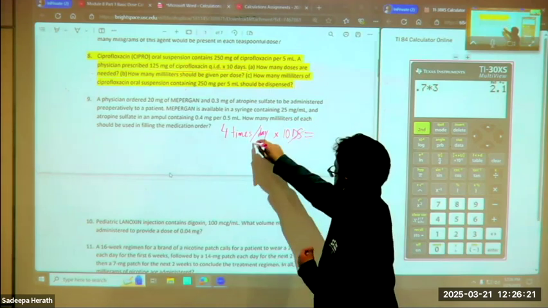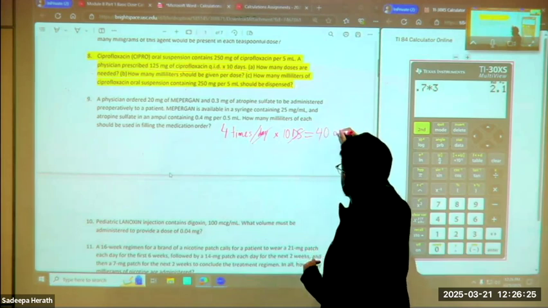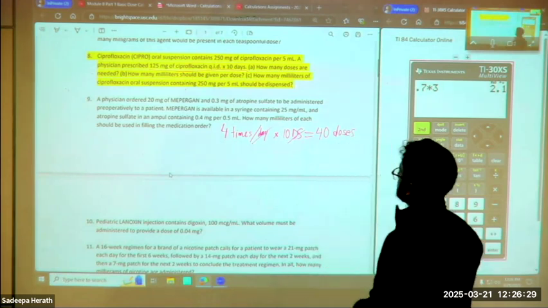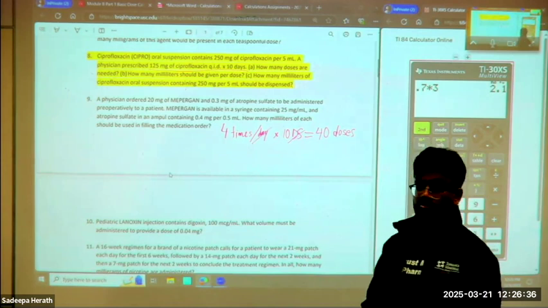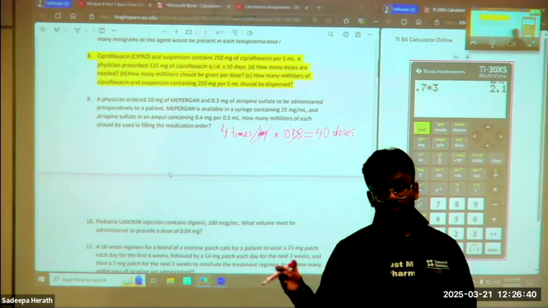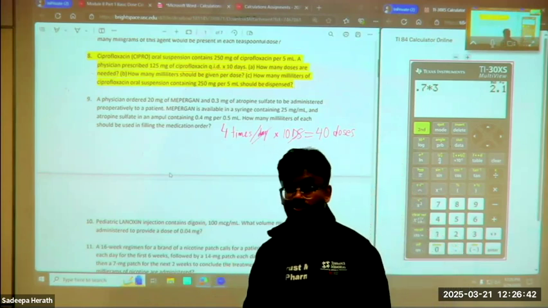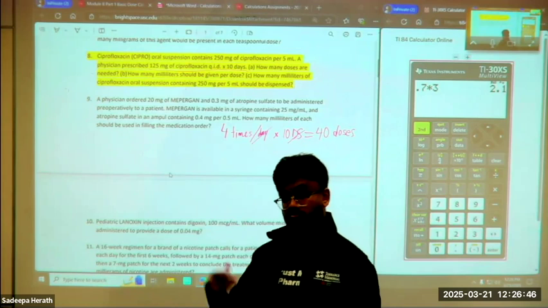So days cancel out. 4 times 10 is 40. 40 doses total. That's our answer for A. Dosage would include the amount of drug as well, but the dose itself is just how many times the person is taking it for this regimen.